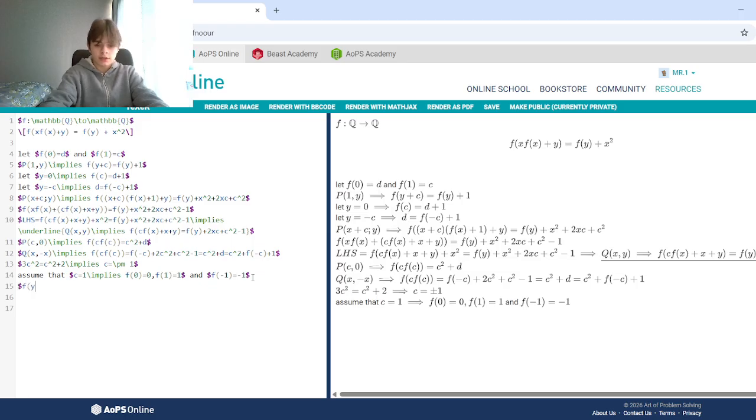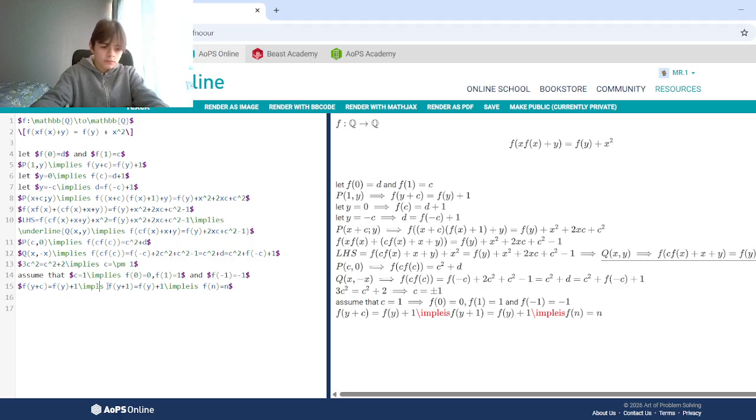Since we have this already, we know that c is equal to 1, so f(y + 1) is equal to f(y) + 1, and this implies that f(n) is equal to n.